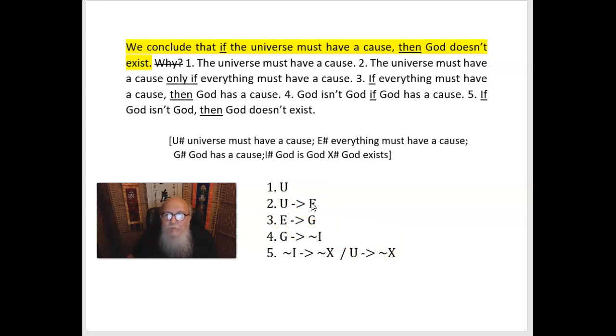One premise you might disagree with is that the universe must have a cause. Well, why must it have a cause? Maybe it just always existed, right? Or another premise to disagree with might be God isn't God if God has a cause.